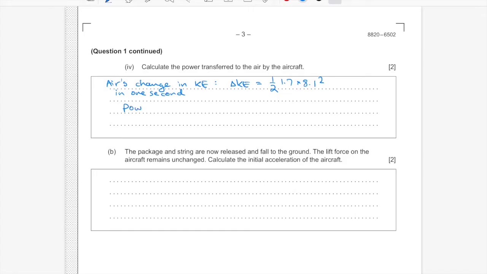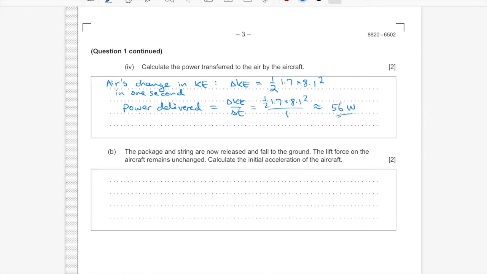That's the amount of joules the air received in 1 second. So it's delta KE over delta t, which is 1 second, and we get the answer, which I think was around 56 watts, if I remember correctly. Plug it into your calculator.